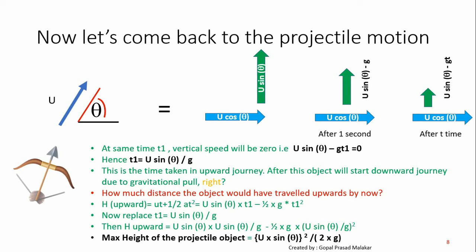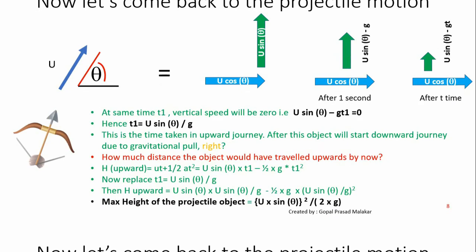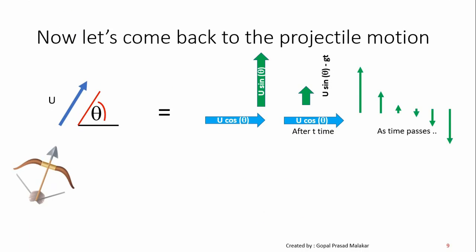Now how much time will the object take in the downward journey? Let's understand that. As the time passes, the vertical speed becomes negative, and it further starts increasing like that.